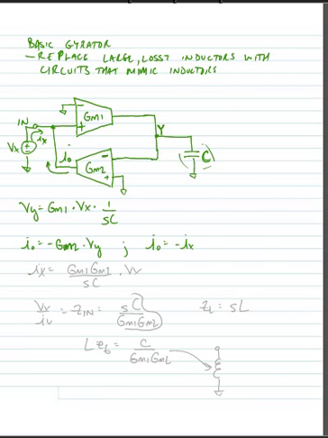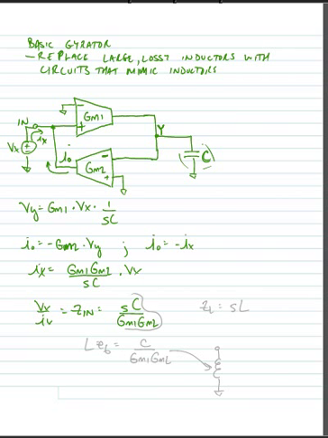Alright, making a few substitutions, we can say that IX is equal to big GM1 times GM2 divided by SC times Vx, and manipulating this a little bit more, we can say that Vx over Ix is equal to the input impedance, Zn, which is equal to S times C divided by GM1 GM2.